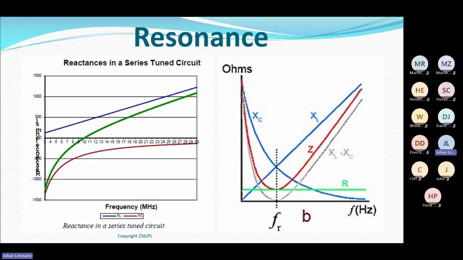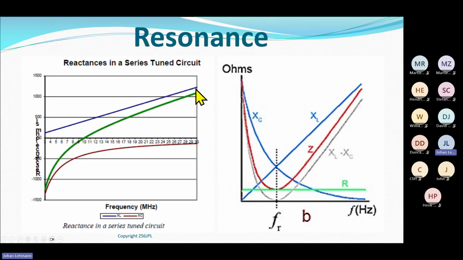If we put it graphically, perhaps for some people it's easier to understand graphically than mathematically. So if I look at this first graph, we said the reactance of an inductor starts at a low value at DC, and with frequency it goes higher and higher.